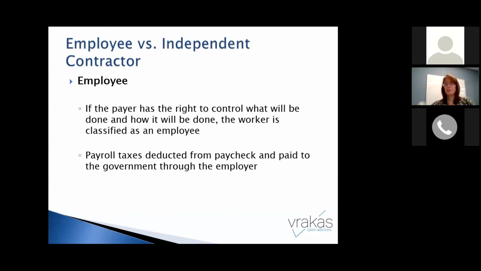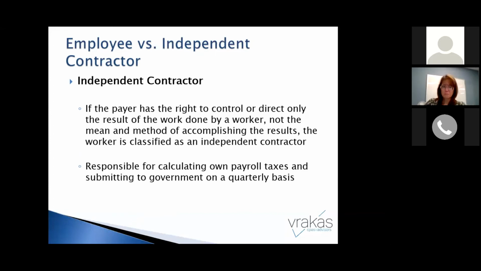So you can't really use potentially where they're working, but what they're using, who has control over what they do, the timing they do it at. That's how you have to look at it. It's not always a black and white type of distinction. But it all has to do with control.